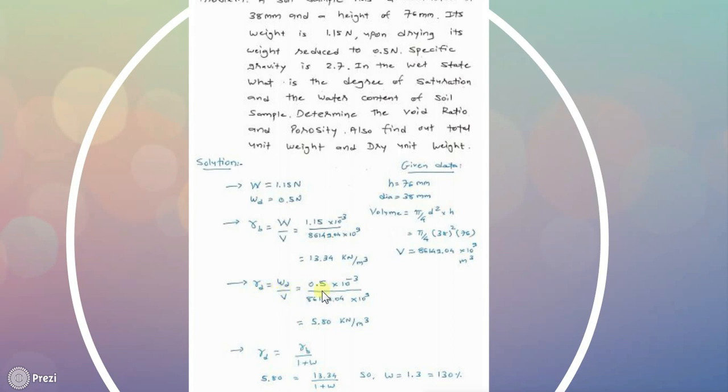I have W D as 0.5 Newton. I am converting it into kilonewton already, and volume I have converted into meter cube. So gamma D comes as 5.8 kilonewton per meter cube.